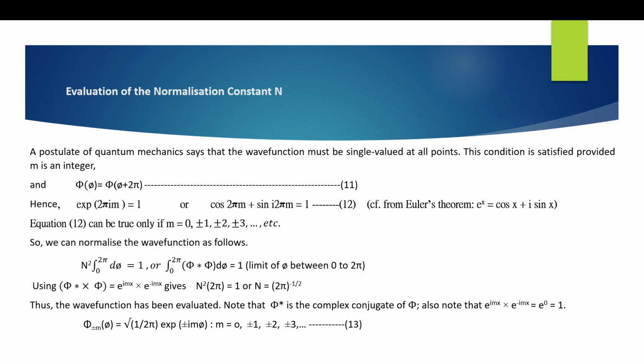It means the expression e power 2 pi i m equal to 1, or cos 2 pi m plus i sin 2 pi m equal to 1. This is on the basis of Euler's theorem, which is e power ix equal to cos x plus i sin x. Equation 12 can be true only if m is 0, plus minus 1, plus minus 2, plus minus 3, etc. So we can normalize the wave function as follows.